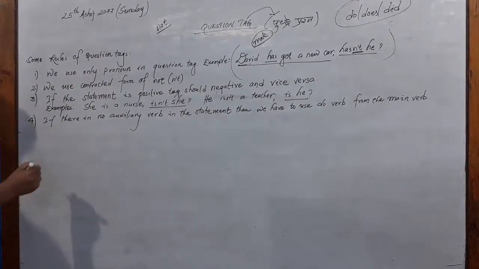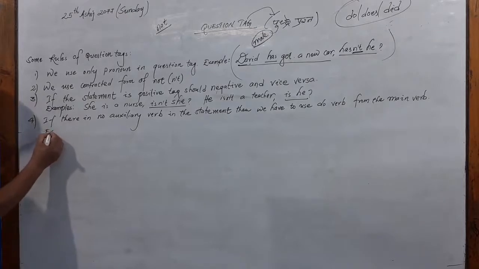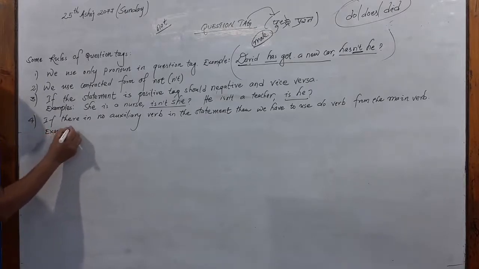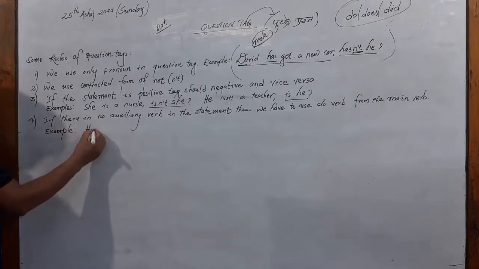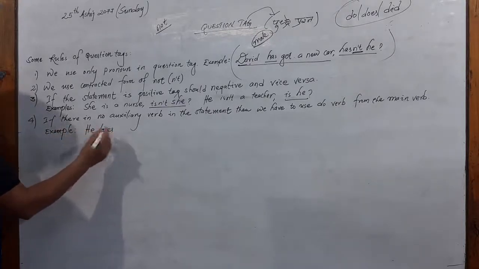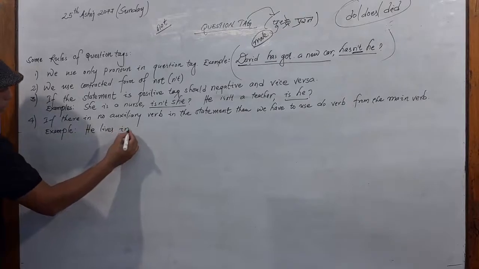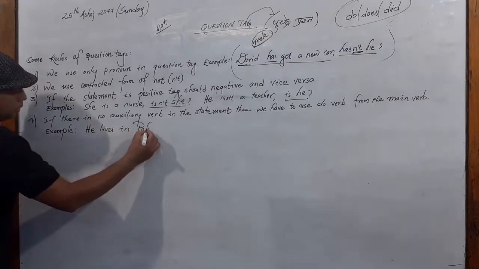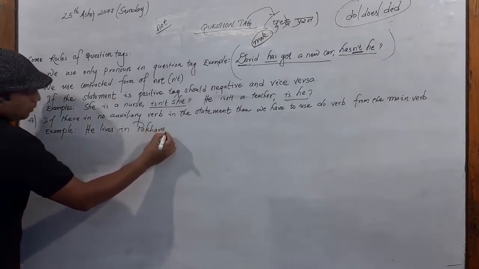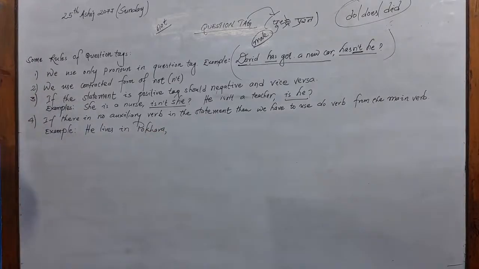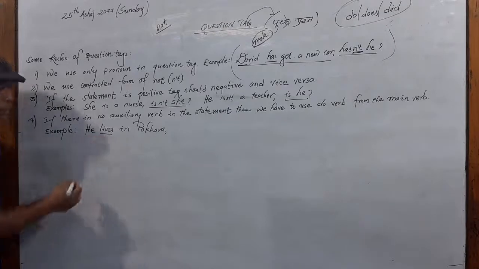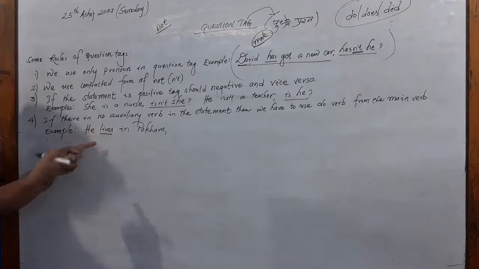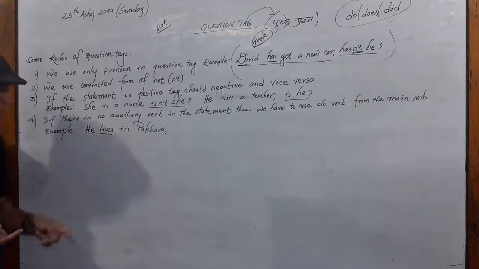For example, he lives in Pokhara. Now, which is the verb here? Lives is the main verb here. There is no auxiliary verb, but the auxiliary verb is hidden inside the main verb.